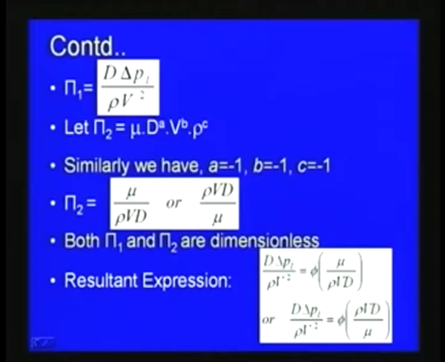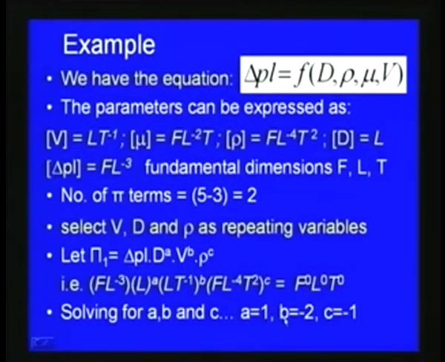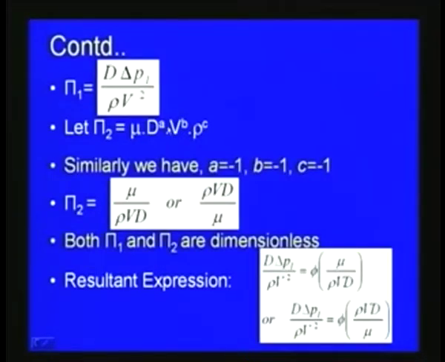Once we get a equal to 1, b equal to minus 2, c equal to minus 1, we can write pi 1 is equal to d into delta p L by rho v square. This is the first pi term, pi 1. Similarly, let us represent pi 2 as mu into d to the power a, v to the power b, rho to the power c.